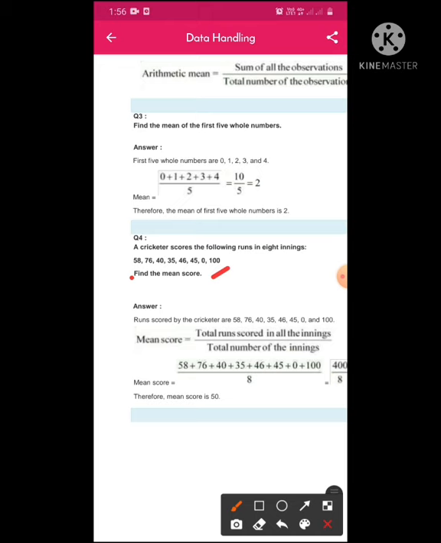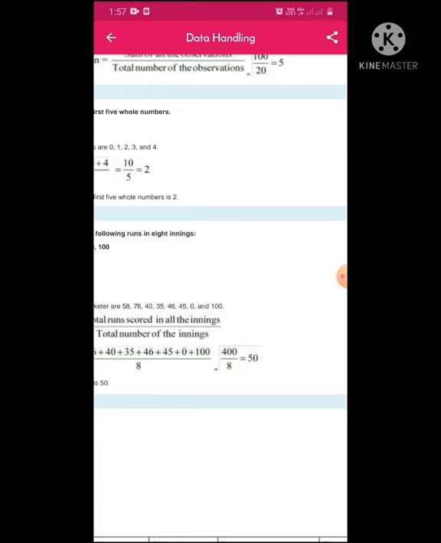See, the runs scored by the cricketer we have already seen. So the formula for mean score is total runs scored in all innings divided by total number of innings, meaning the number of observations. So 58 plus 76, we have to add all the numbers and divide by 8.